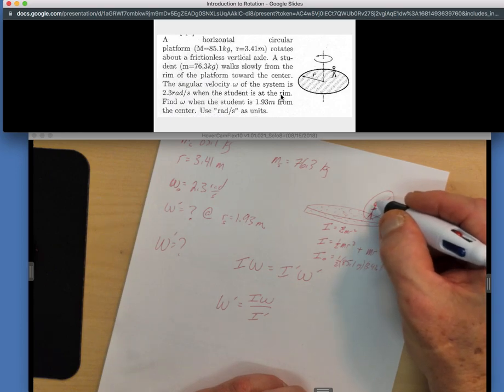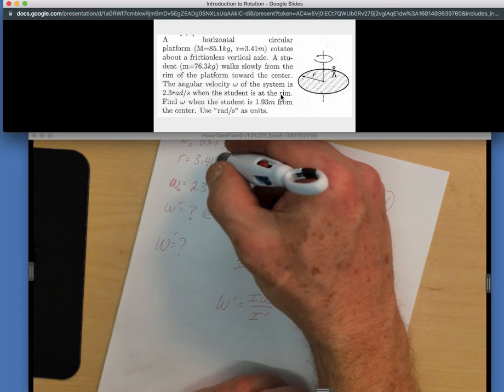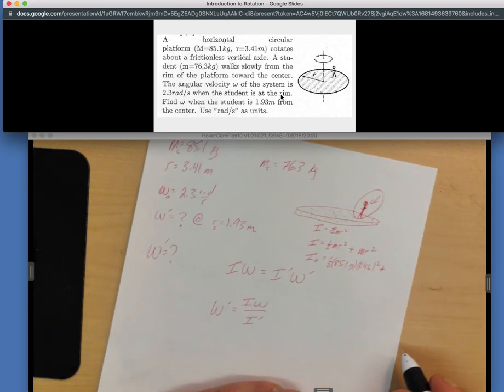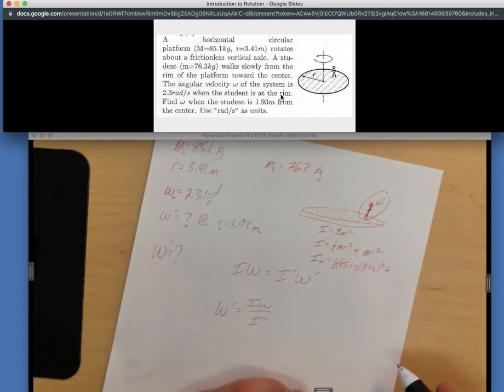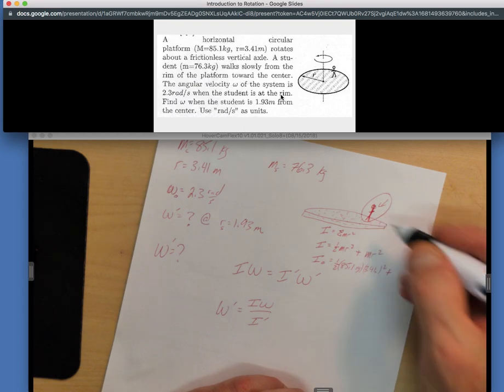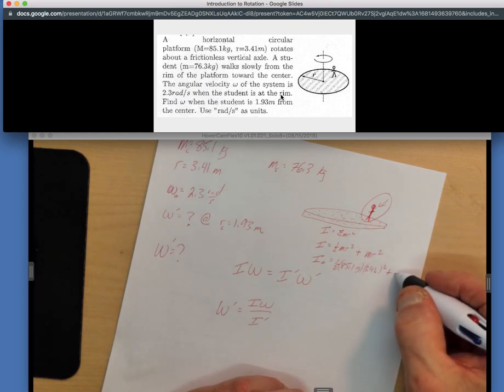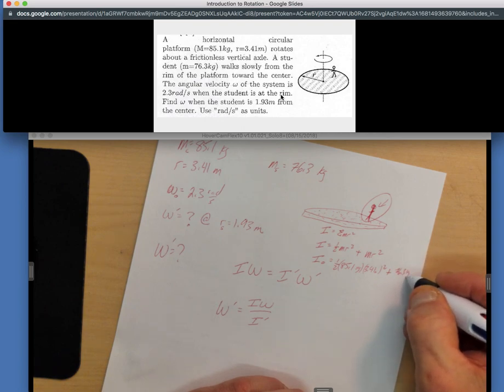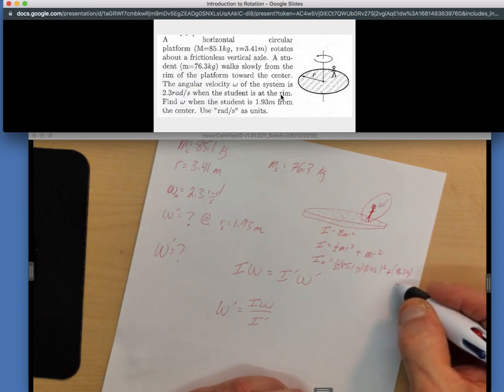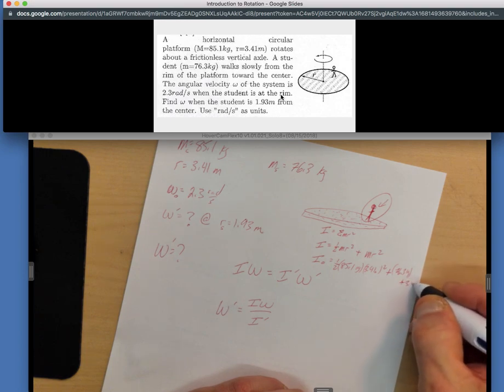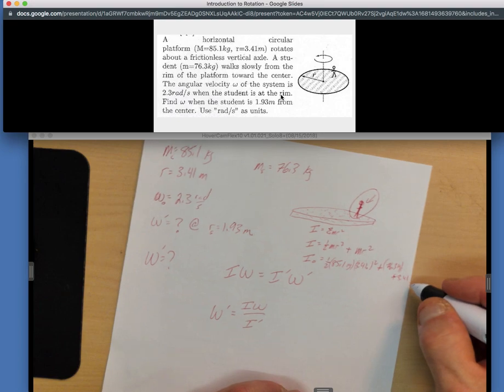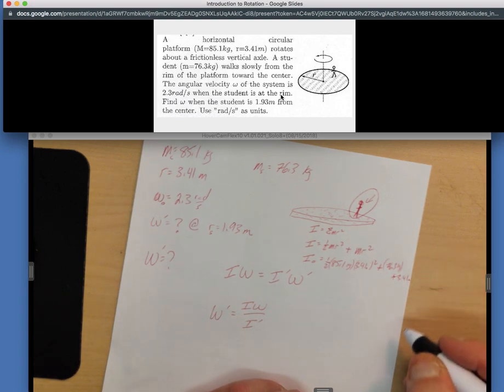The mass, 76.3 kgs, is right here at r equals, does it say they're on the rim? Yeah, at first they're right out on the rim. So it's just mr squared: 76.3 kgs is the person's mass, times 3.41 meters, squared.